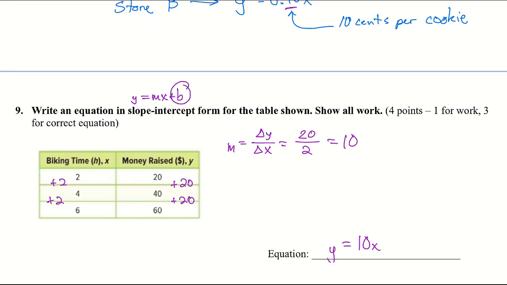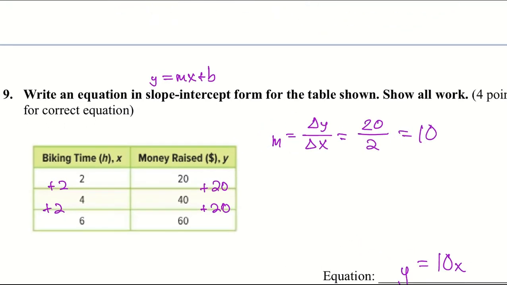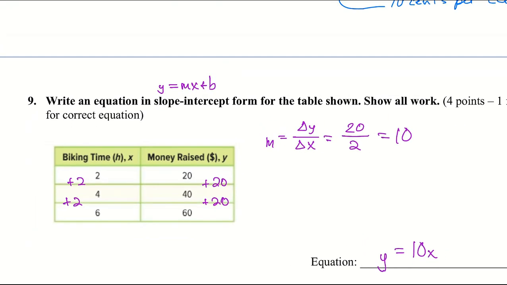Now, there's 2 different ways that you can do this. One is a little bit of logical thinking, and the other one you need to be pretty good with the math to think about. I'll show both ways, but here's the first way, and to me the most obvious way. The thing about a y-intercept, right?